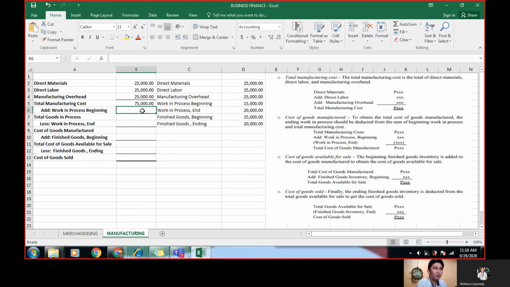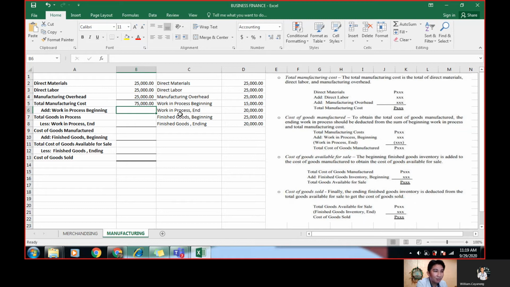Okay? So, work in process beginning, ito yung mga items that left partially completed previous year. So, ngayon pa natin siya lalagyan ng work done para makompleto. So, masasabay siya sa bagong batch ngayon. Itong total manufacturing cost na i-manufacture natin.